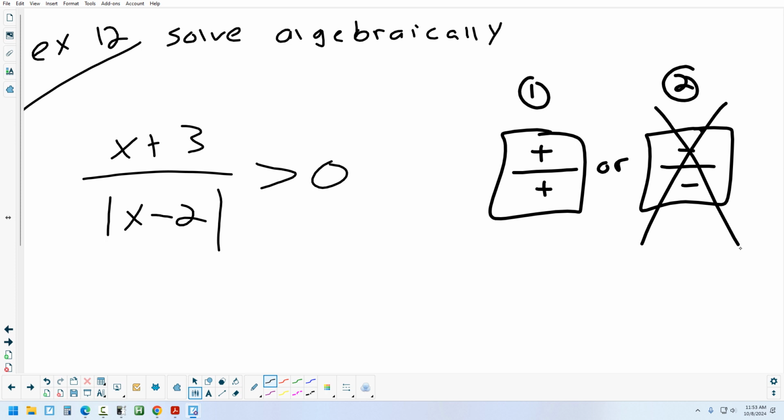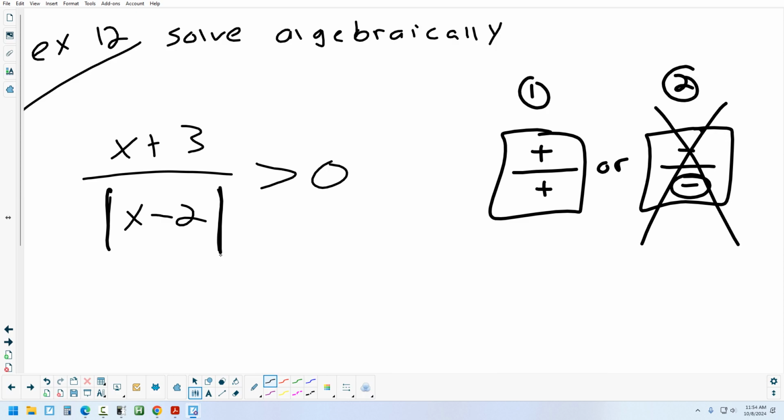Right. Those absolute values are going to ensure that the bottom is never a negative. So the only way that this situation could ever work is if the top is positive and the bottom is positive. Well, the bottom is always positive. We don't have to worry about that. These bars are going to ensure that the bottom is always positive.